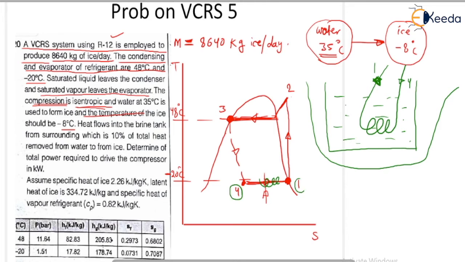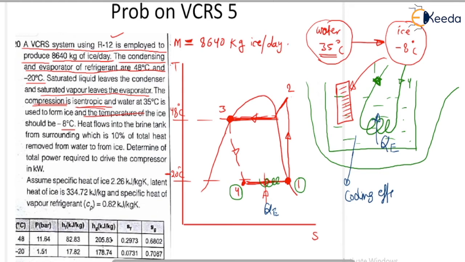From point 4 to 1 is your evaporator, and this evaporator can easily suck this QE heat. By this extraction of QE by the evaporator, the cooling effect is going to occur, and by this cooling effect your ice is going to be formed at minus 8 degrees Celsius.